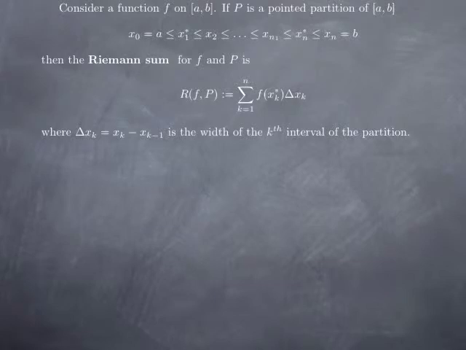Just to remind you the way we've defined the definite integral in the previous video, we take a pointed partition of the interval AB on which we integrate the function, and then we define the Riemann sum for the function and the partition this way, as the sum from 1 to n, where n is the number of subintervals in the partition, of the product of the value of the function f at the sample point multiplied by the width of the interval, and we do that for each subinterval, and sum up what we obtain.